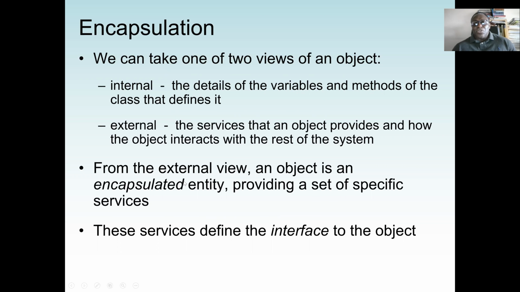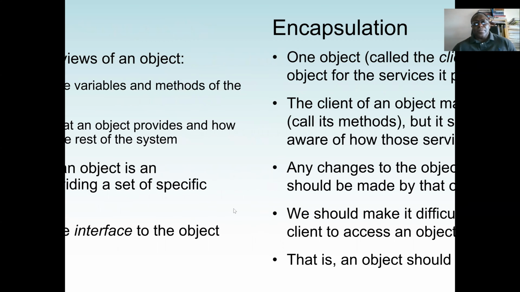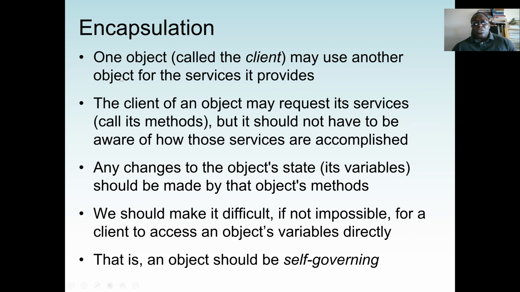From the external view, an object is an encapsulated entity providing a set of specific services. These services define the interface to the object. Here we say one object, called a client, may use another object for the services it provides.